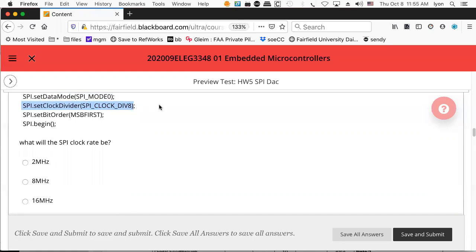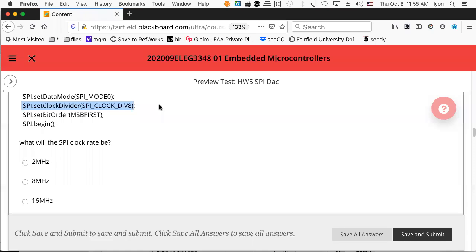Now the question is, how do we know what to set the SPI clock to? And the answer is, we can't unless we know something about the device we're trying to drive. If the device can't go faster than 2 megahertz, then we better be careful about setting the SPI clock to div 8, because that's really the upper limit on the device, and you don't want to actually drive these things at the fastest rates they can handle.